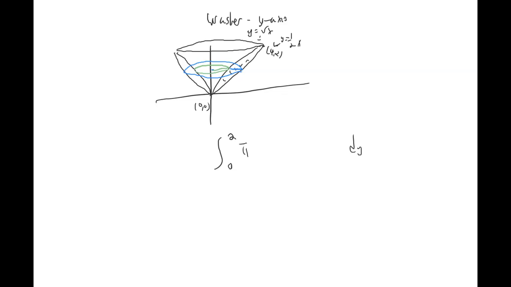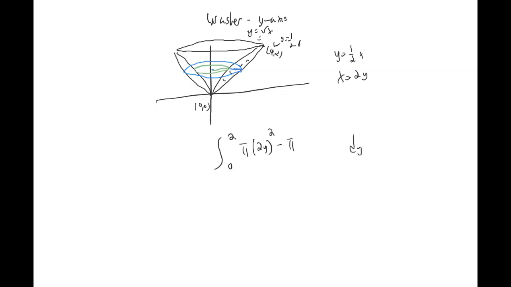So pi, what's the outer thing? If you like, you could do outer minus inner. The bigger one is the blue circle, whose radius is 1/2 x. So y equals 1/2 x, and x is 2y. So (2y) squared, and then minus pi times the green circle.